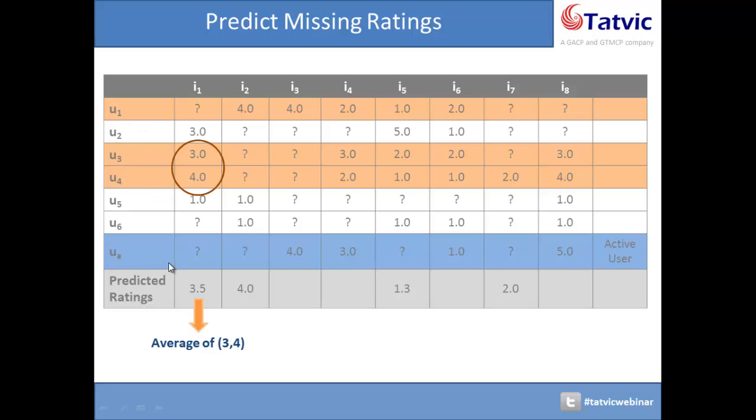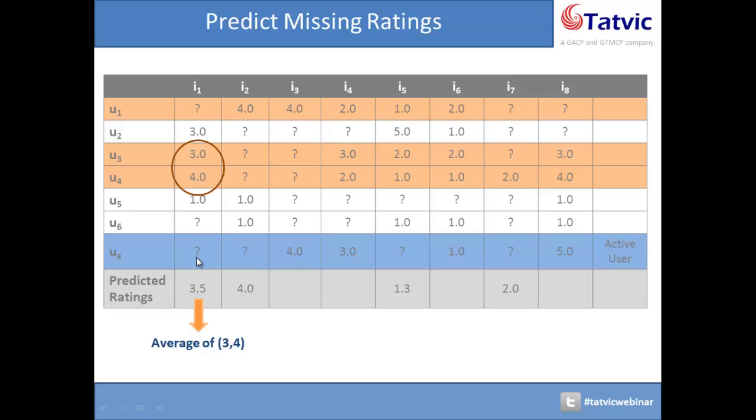Now, based on these similar users, we will try to predict the missing ratings for the items for the active user. The active user has no preference for item 2, item 1, item 5, and item 7. So we can calculate these missing ratings.